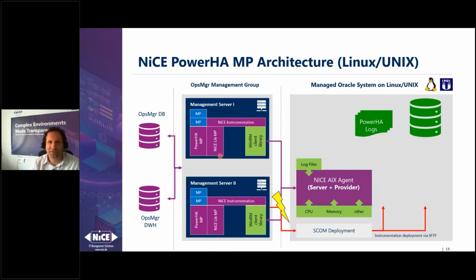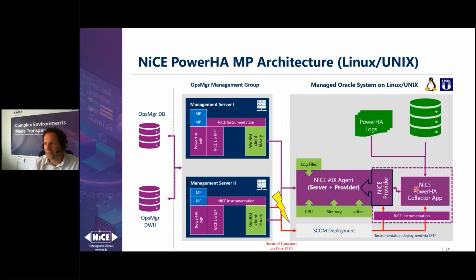Instrumentation consists of a set of scripts and binaries, in most cases scripts. Those scripts make up the collector application, primarily a binary and a number of scripts that connect to the PowerHA interface, using the command line interface on the AIX system, take the information, process it, and hand it over to the provider.